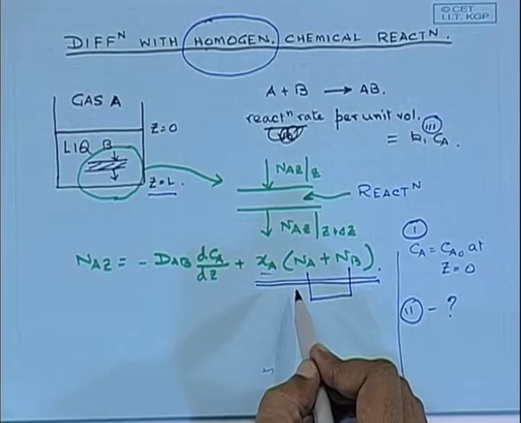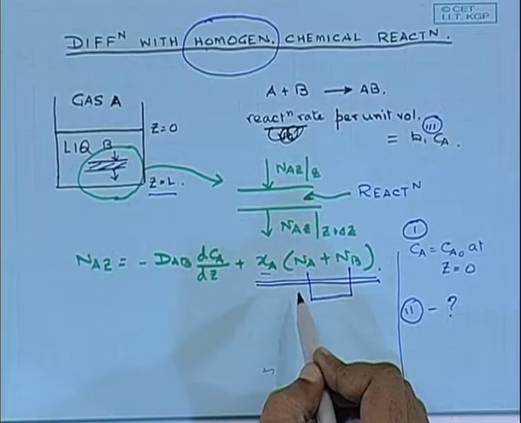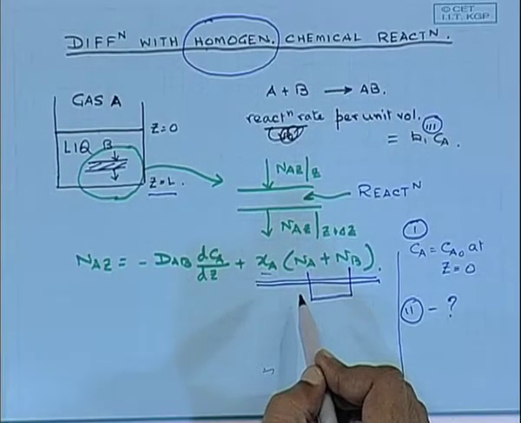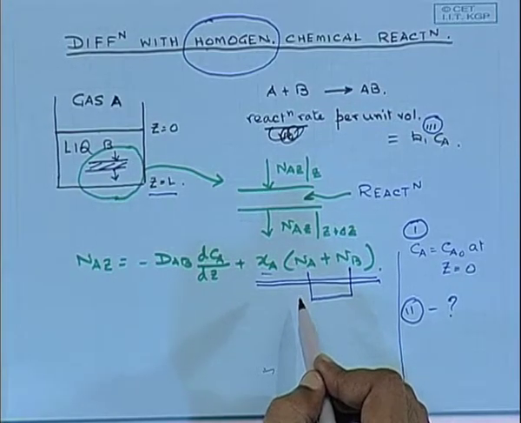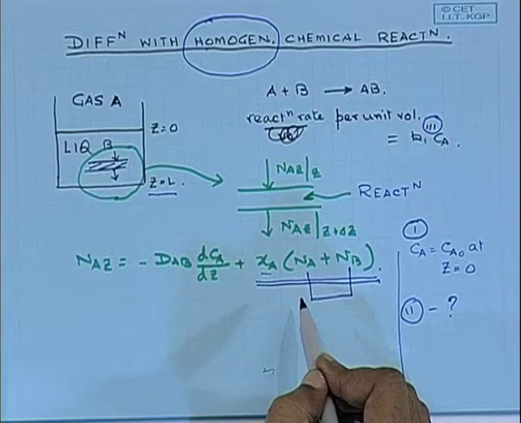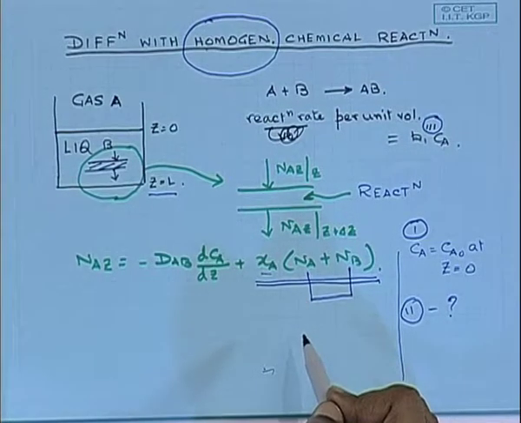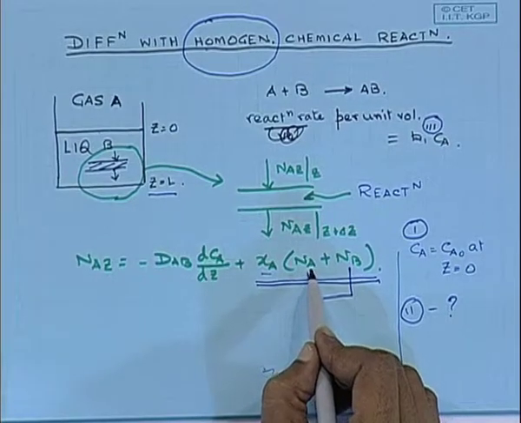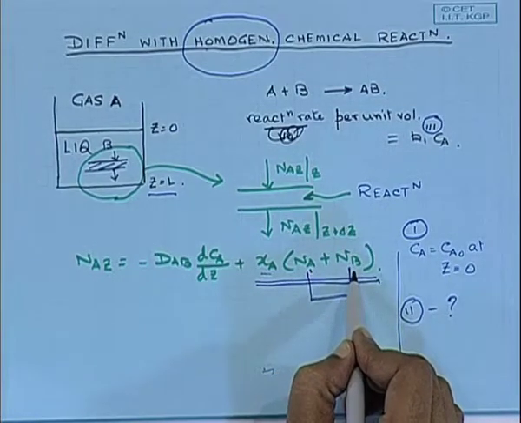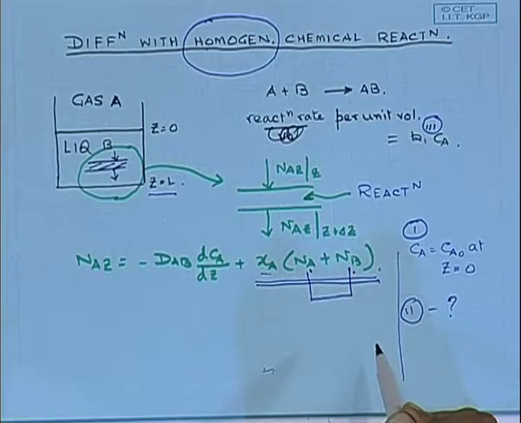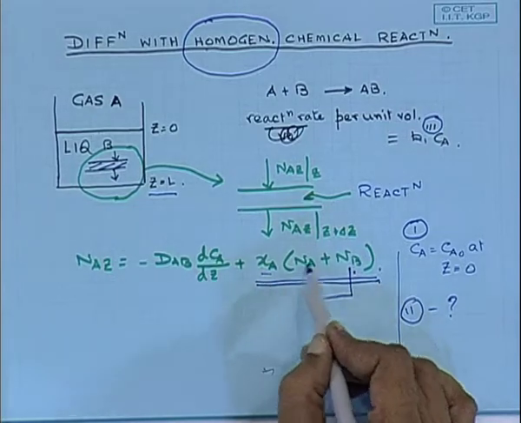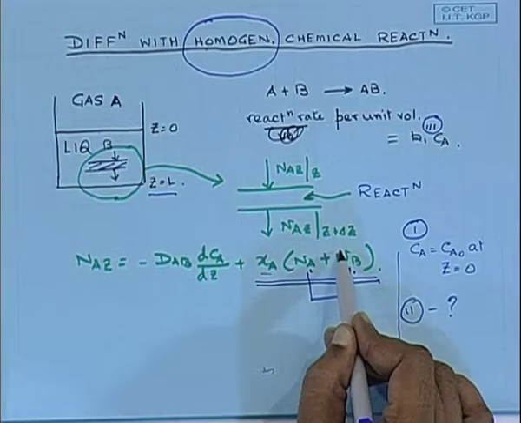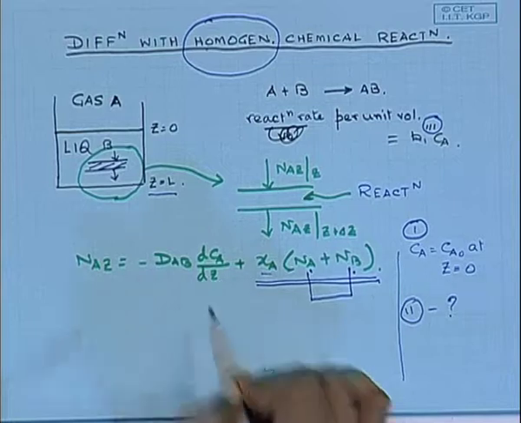impose any bulk flow. The first problem that we have analyzed, that is a liquid rapidly evaporating, and the vapor that is formed is diffusing through the tube. So, in that case, the rapid motion of A molecules will induce a motion in the B molecules as well. If that is not the case, if it is a very slow diffusion case, then the significance of this term would be small compared to this term.